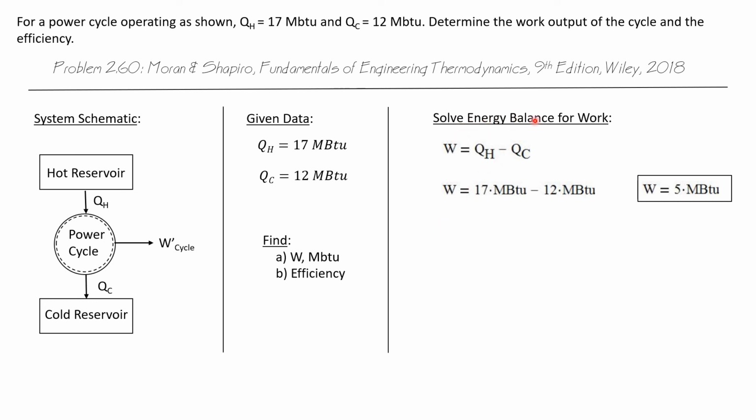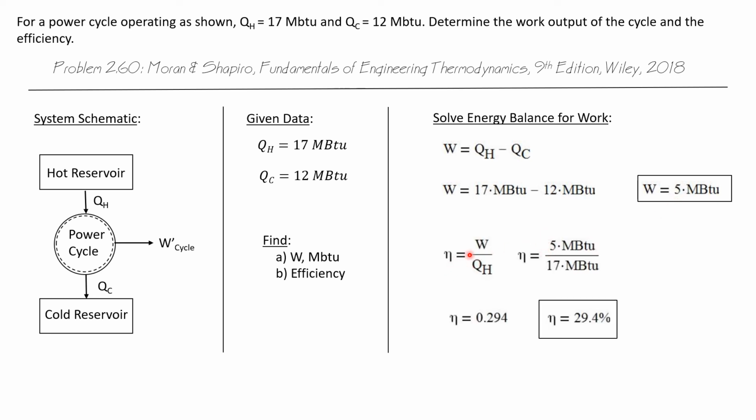For the work, we'll solve the energy balance for work. Well, we solved that previously as work is Q sub H minus Q sub C. We know both of those, so work is just 17 million BTUs minus 12 million BTUs. The work output here is 5 million BTUs.